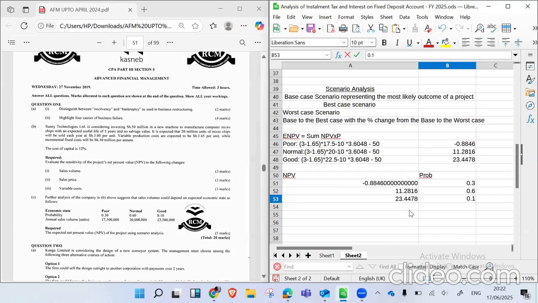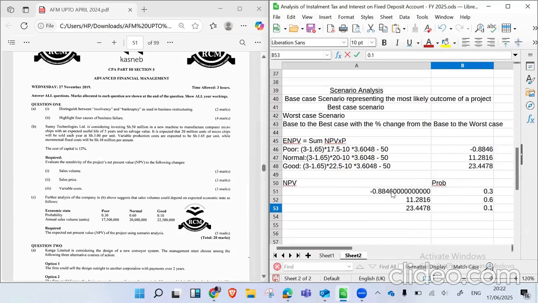Excuse. Yes. The probability of poor is 0.3 for this question. Here, see the probability and the NPV. Expected NPV, it is negative 0.8846. 8846. Yes.